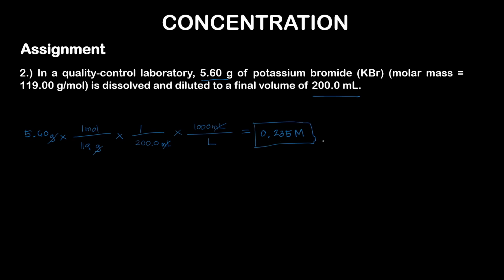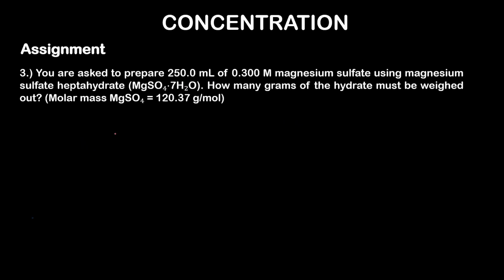Next, number 3, you're asked to prepare 250 ml of 0.300 molar magnesium sulfate using magnesium sulfate heptahydrate. How many grams of the hydrate must be weighed out? This is a similar concept from the previous video about concentration problems.